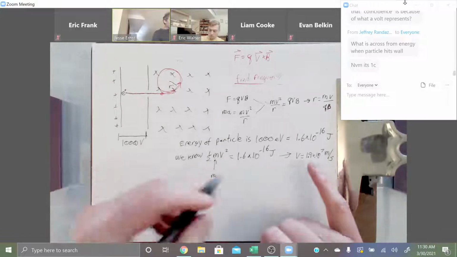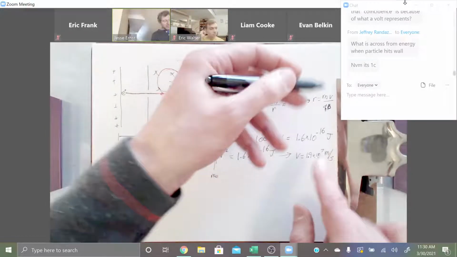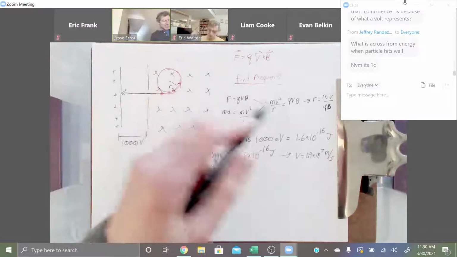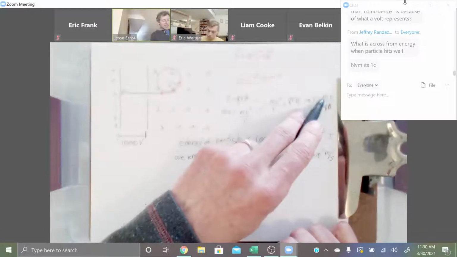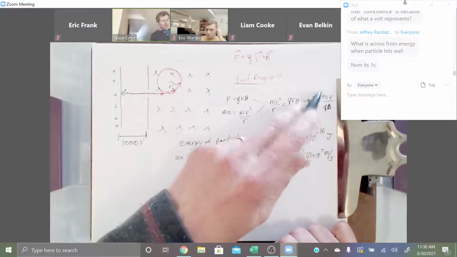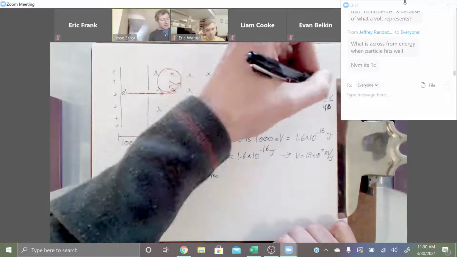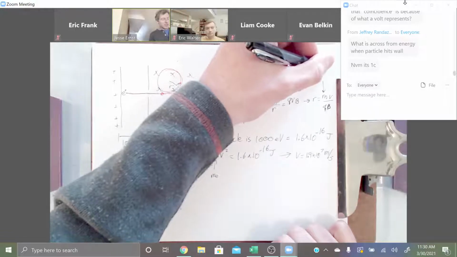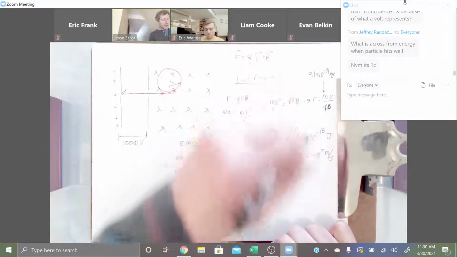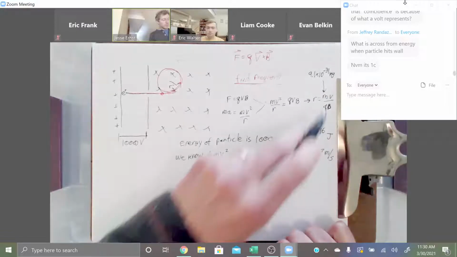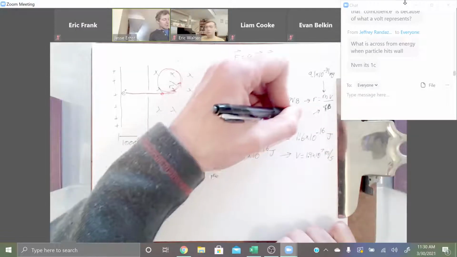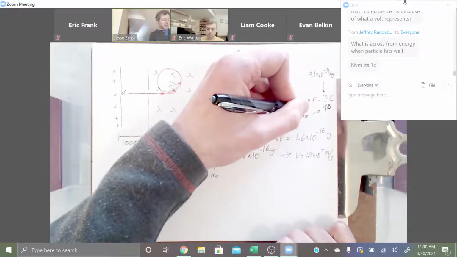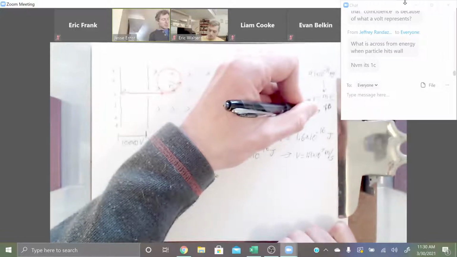Once you have that, we're not going to go through all the arithmetic. You can plug in the mass of an electron or positron, 9.1 times 10 to the minus 31 kilograms, the velocity we just found, and Q is 1.6 times 10 to the minus 19 coulombs.